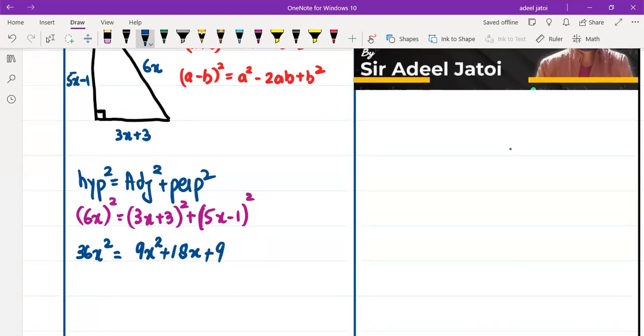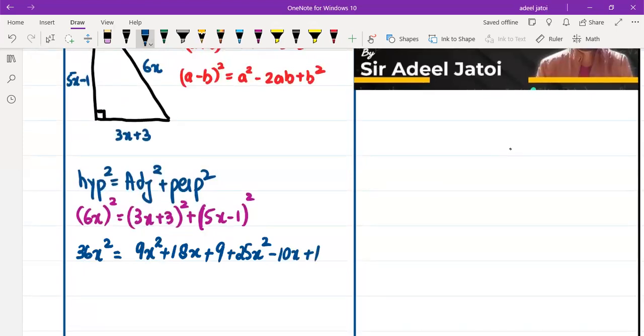If you have any issues opening up 3x plus 3 whole square, then you should revisit the algebra identity. Then moving on, 5x gives 25x square, minus 10x plus 1.